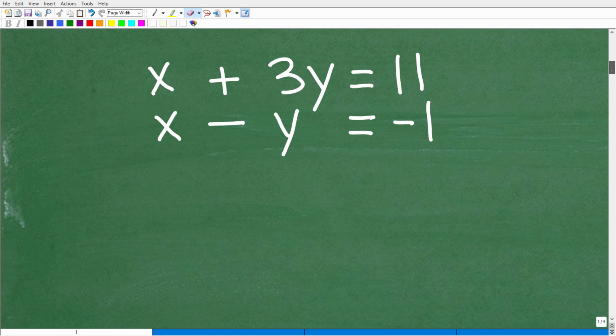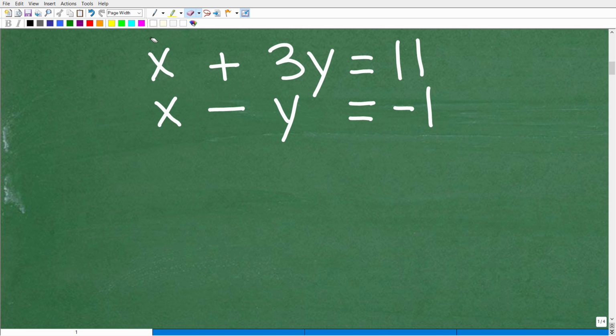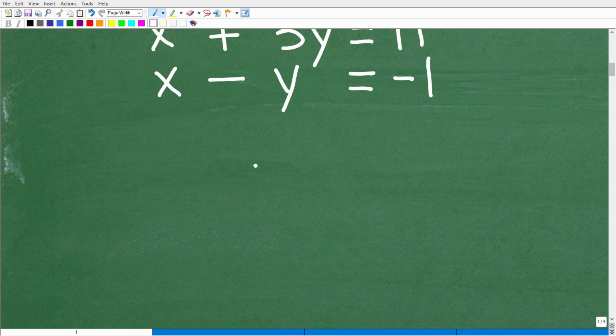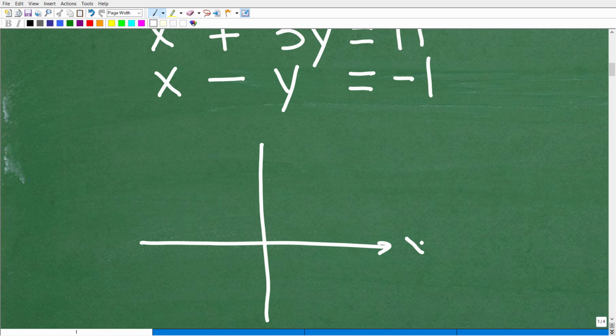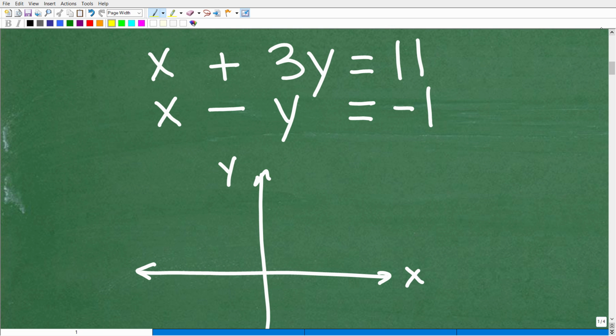So let's go ahead and take a look at algebraically what this looks like. All right, so let me sketch this out. Again, the whole idea here is not just for me to run through these steps 1, 2, 3, but to give you the big picture on what's going on with systems. Okay, so we have a two variable linear system. We have one line, and then we have another line.